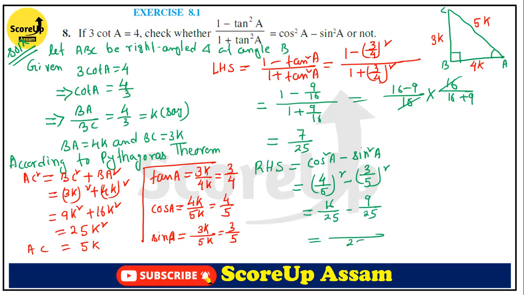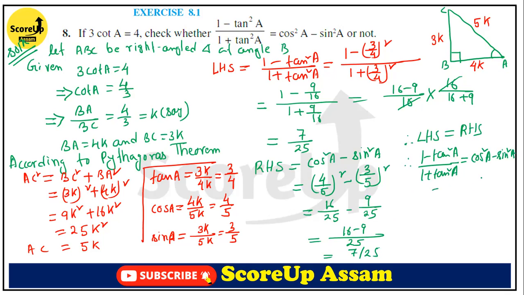That means 16 minus 9. Ultimately it will be 7 by 25. Therefore LHS equal to RHS. Therefore we can say that 1 minus tan square A by 1 plus tan square A equal to cos square A minus sin square A. Okay. So this is the solution of this problem.